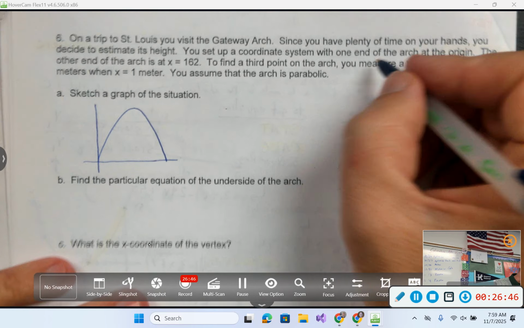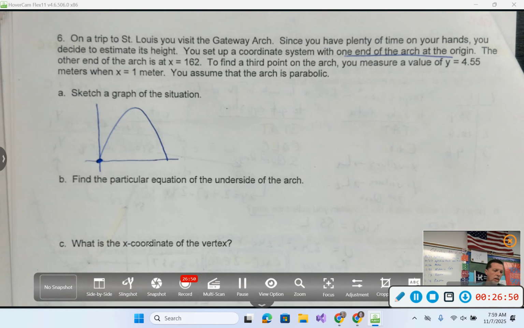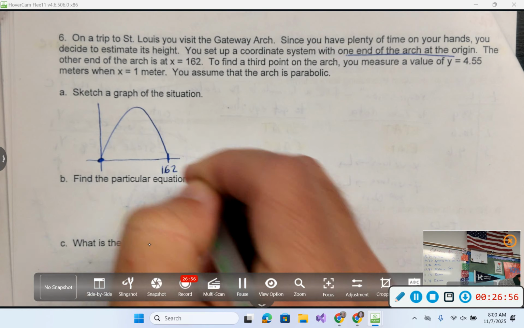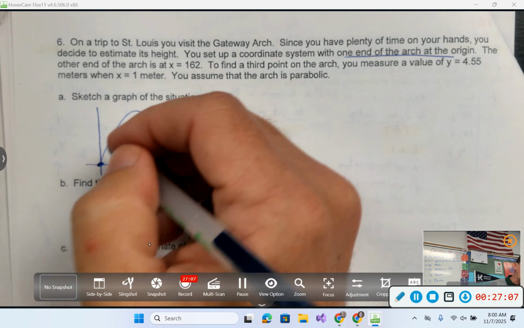And this told us to put one end of the arch at the origin. The other end of the arch is at x equals 162. To find a third point on the arch, you measure a value of 4.55 meters when x equals 1 meter.